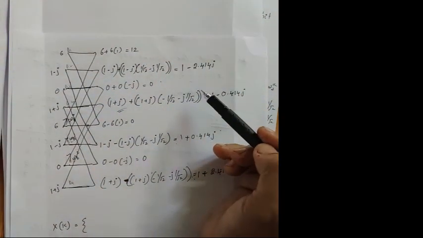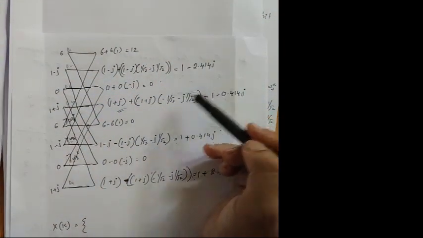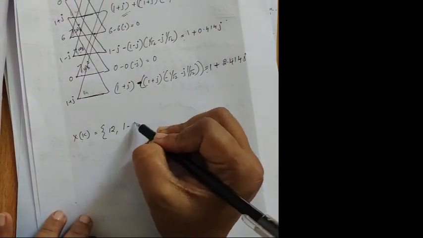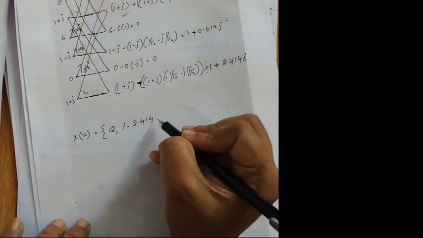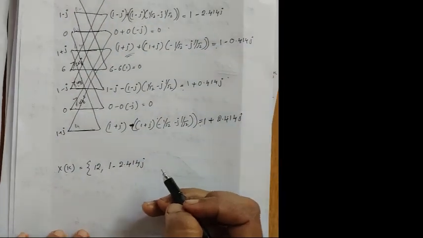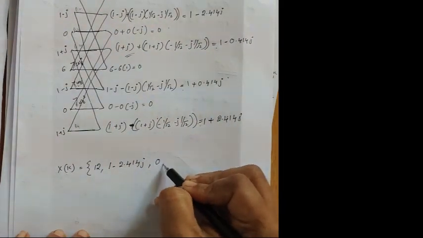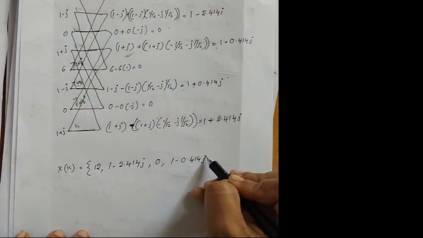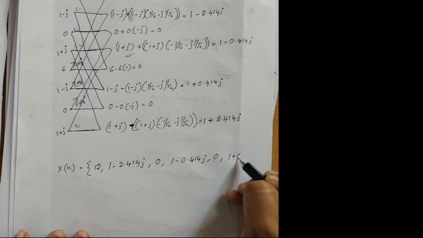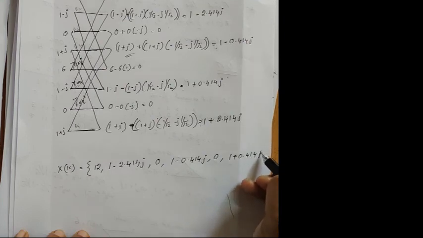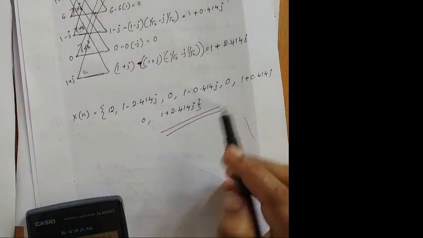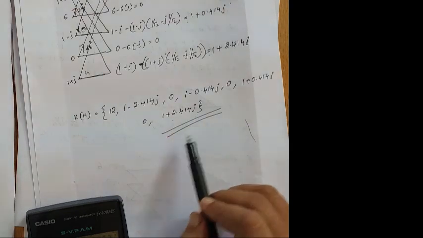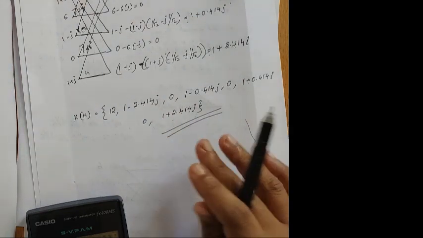So you can write it 12, 1 minus 2.414j, 0, 1 minus 0.414j, 0, 1 plus 0.414j, 0 and 1 plus 2.414j. So this is it. You will get decimation in time.